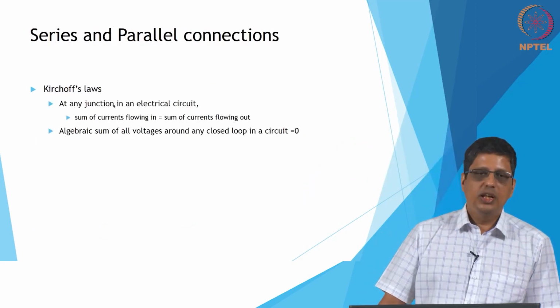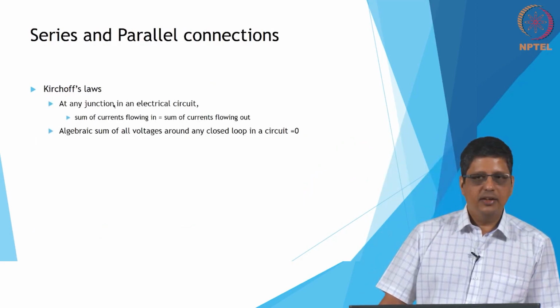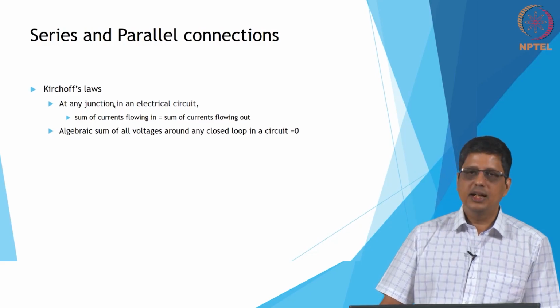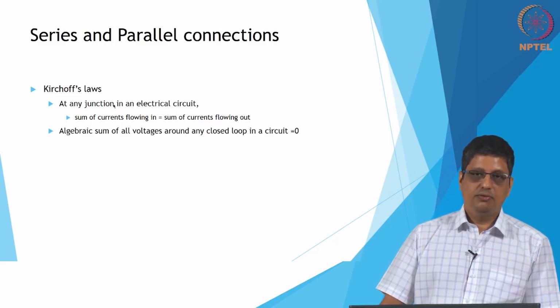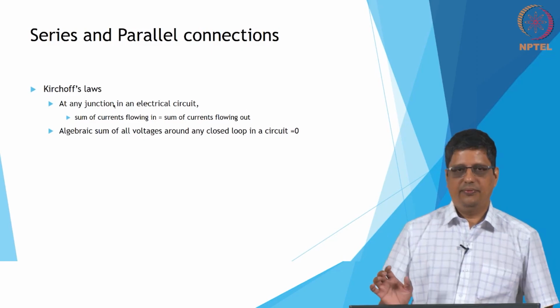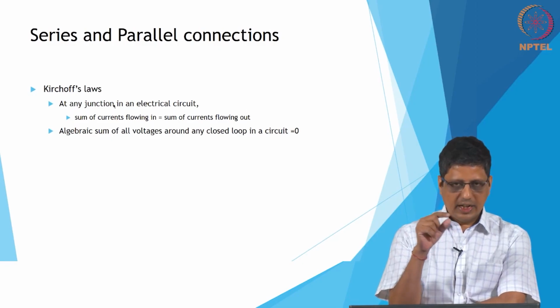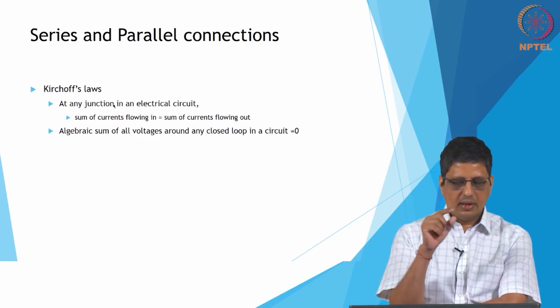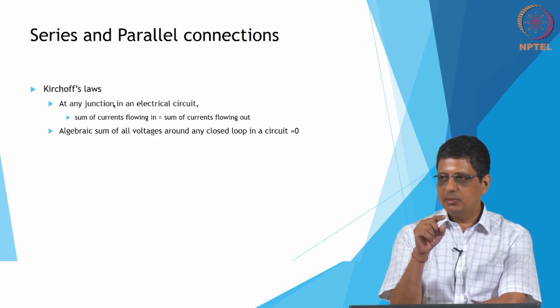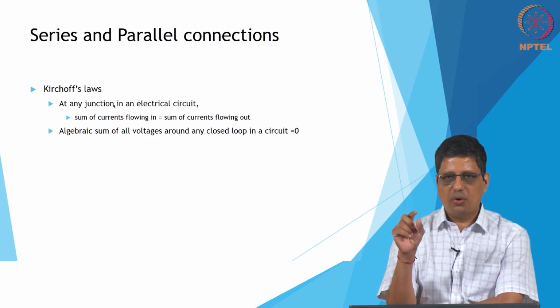Next, when you connect two elements in series or parallel or any other way, we want to be able to calculate the impedance for the entire set. The more general laws are called Kirchhoff's laws. If you look at any junction, the sum of the current that flows in must be equal to the sum of the current that flows out.